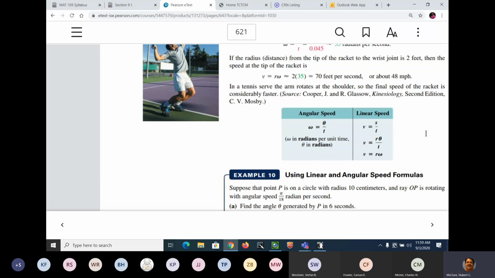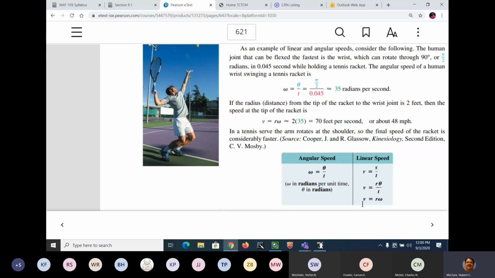You've got the arc length, the arc area, the angular speed, and then the velocity, which is R times W. Okay, so let's go back to the homework question.